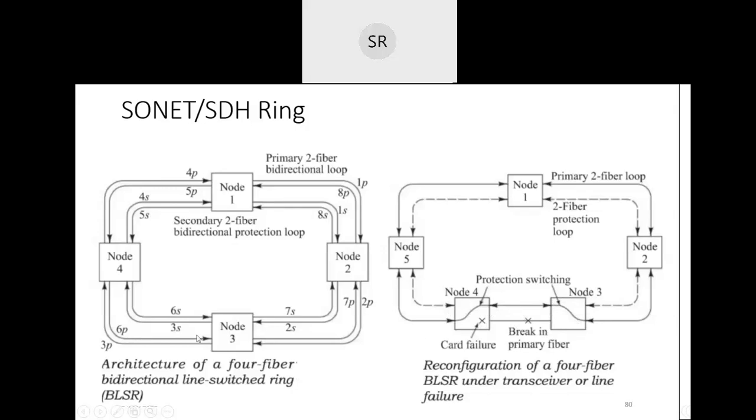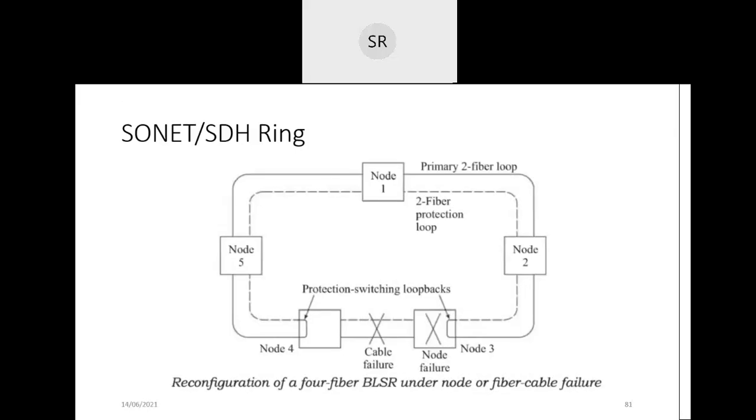Okay, because we have another path present, that is called a reconfiguration of a four-fiber PLSR under a transmission line failure. If any network fails, then that protection is used to transmit the signal from one node to another node.